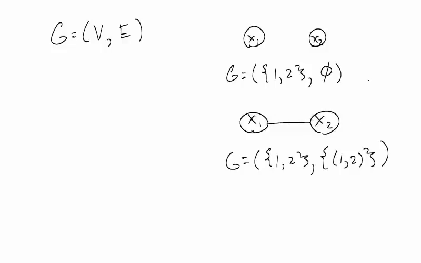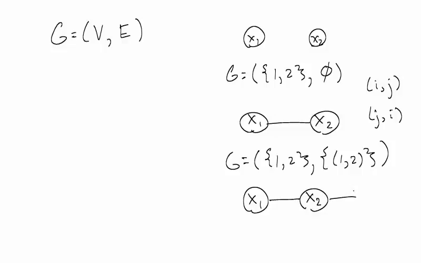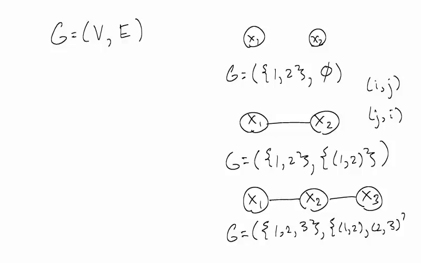And so edges we'll write of the form (i, j), where edge ij and ji are the same thing. We're not going to separately write in the edge set (1, 2) and (2, 1). As a third example, of course, we had the Markov chain x1, x2, x3, and the graph is given by vertices 1, 2, 3, with edges (1, 2) and (2, 3).